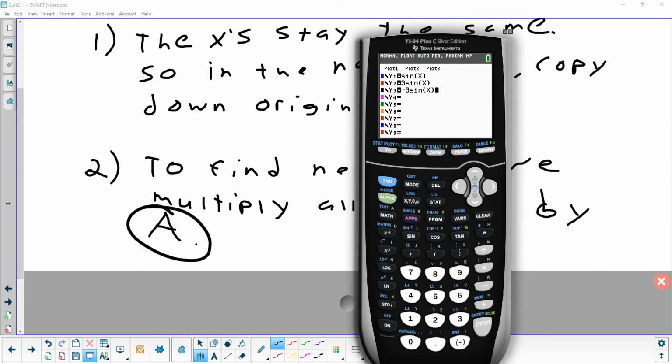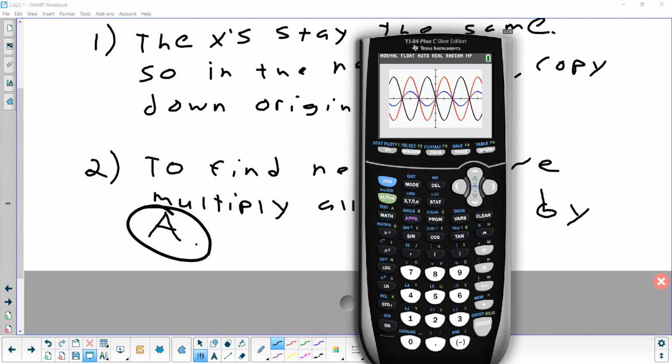No, it doesn't change the amplitude. But the negative does do something. Yeah? Invert the highs and lows. Yeah, it's going to flip the graph over. So compare the one in red to the one in black. What's happening now is what was the highest point becomes the lowest, and the lowest becomes the highest. So a negative causes the graph to flip. Didn't change the amplitude at all, comparing the red and the black one.